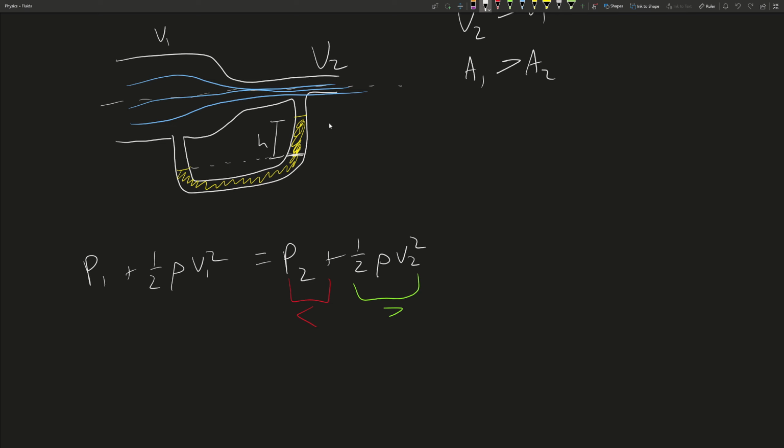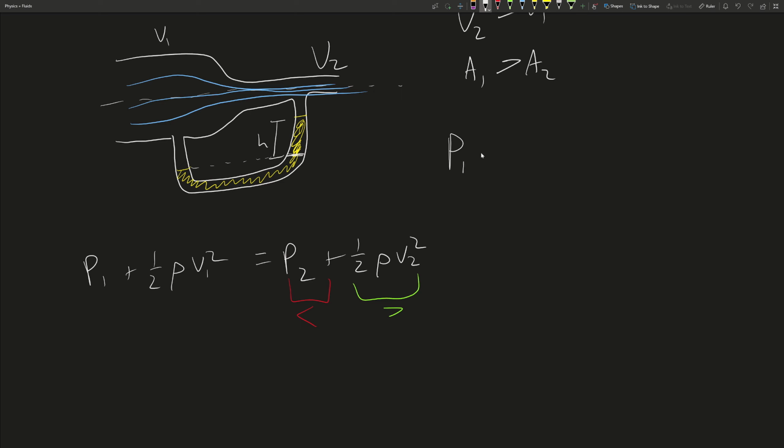So we can calculate this. We can calculate this change in height by finding first the pressure at this point, and then the pressure at this point, and then applying that difference in pressure to the hydrostatic pressure equation here. So let's do that right now. So we have pressure 1. Really, we want to find the difference in pressure.